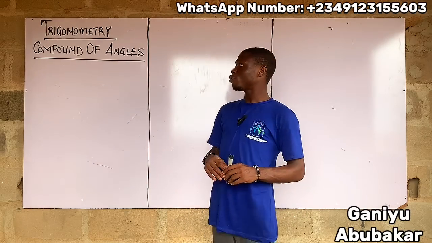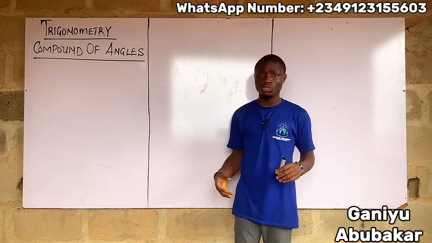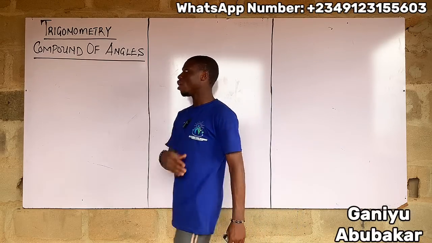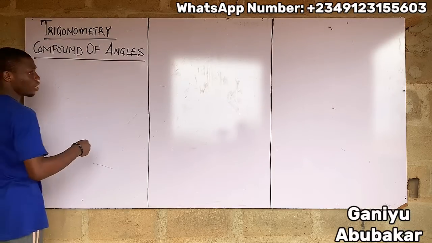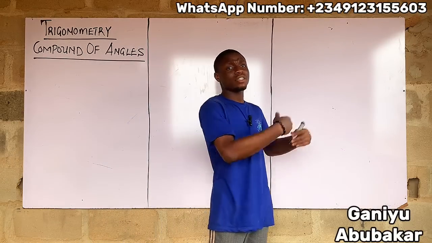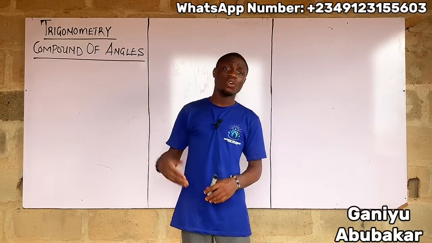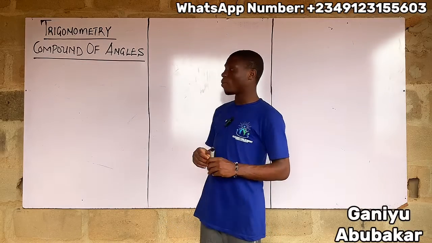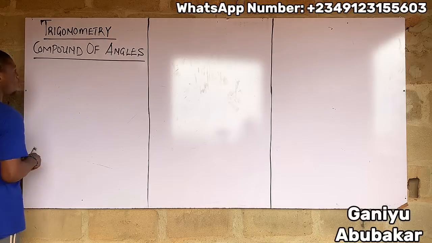All right, when it comes to compound angles, we consider the trig ratios such as sine, cosine, and tan, right? Including the inverses such as sec, cosec, and cot, right? So let's discuss the formulas under compound angles.